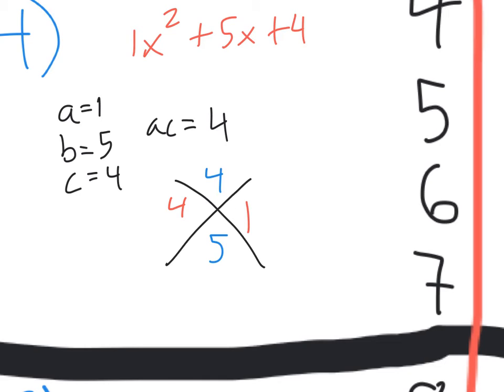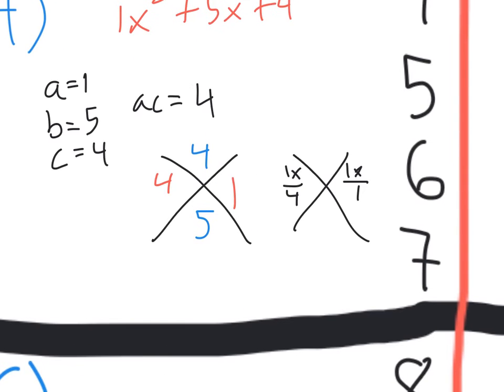Alright, let's go ahead and insert the magic x with our numerators, and remember we used the lead term as the numerator, so here it's going to be 1x over 4 and 1x over 1. Simplify your fractions. They already are simplified or reduced, so we can actually just go ahead and write those as our binomial factors.